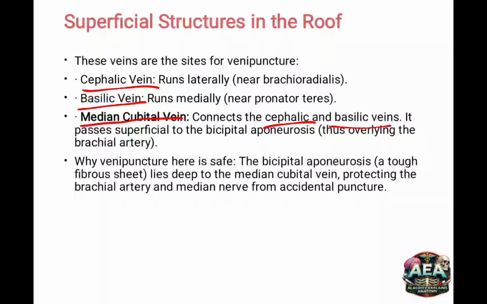Now, why is the median cubital vein a preferred site of venipuncture? Any of these veins can be used for venipuncture, but the median cubital vein is preferred. This is because the bicipital aponeurosis, a tough fibrous sheet, lies deep to the median cubital vein, protecting the brachial artery and the median nerve from accidental puncture.